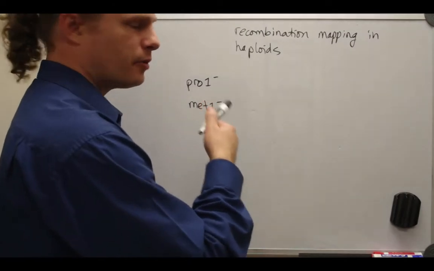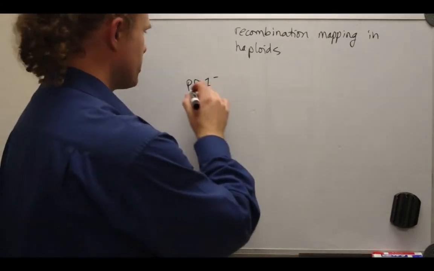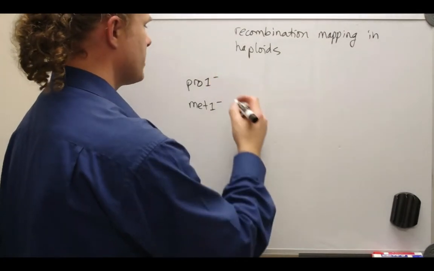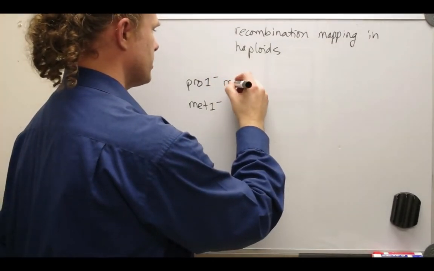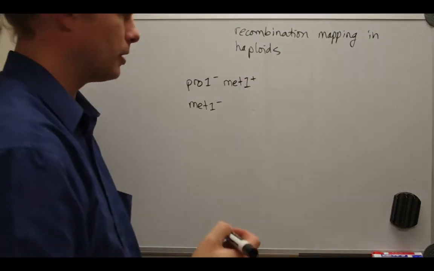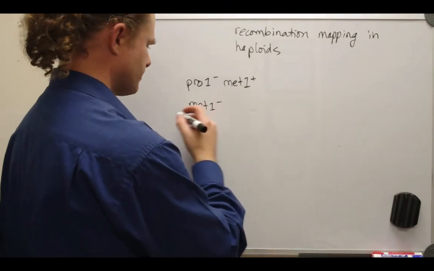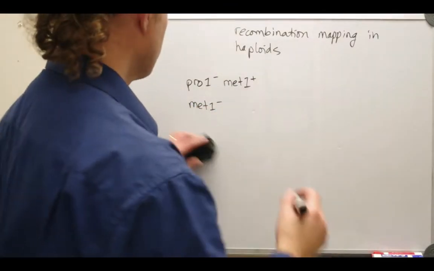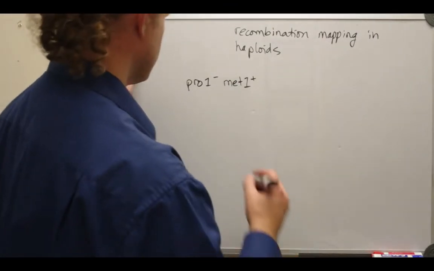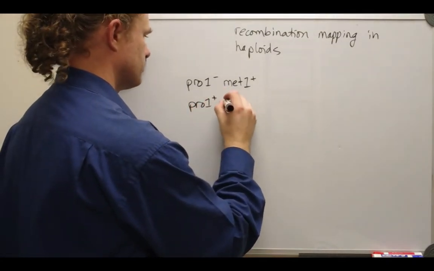Now, just like you've learned before, mutant lines are mutant in only one thing. So this Pro1 minus line would simultaneously have the wild type allele of the MET1 locus. Similarly, the MET1 minus line would have a wild type allele of the Pro1 locus.